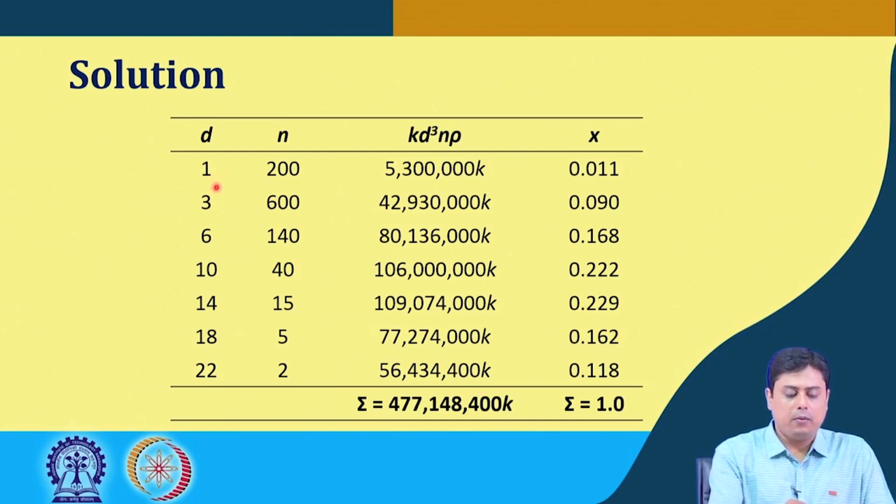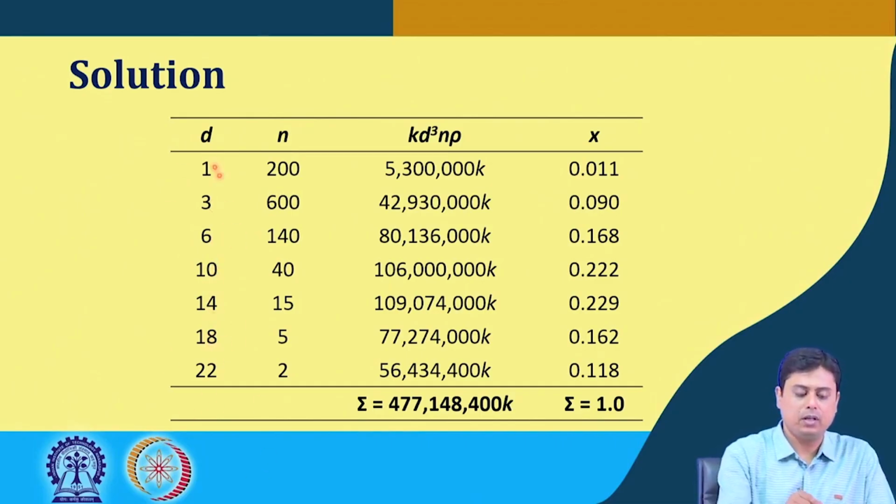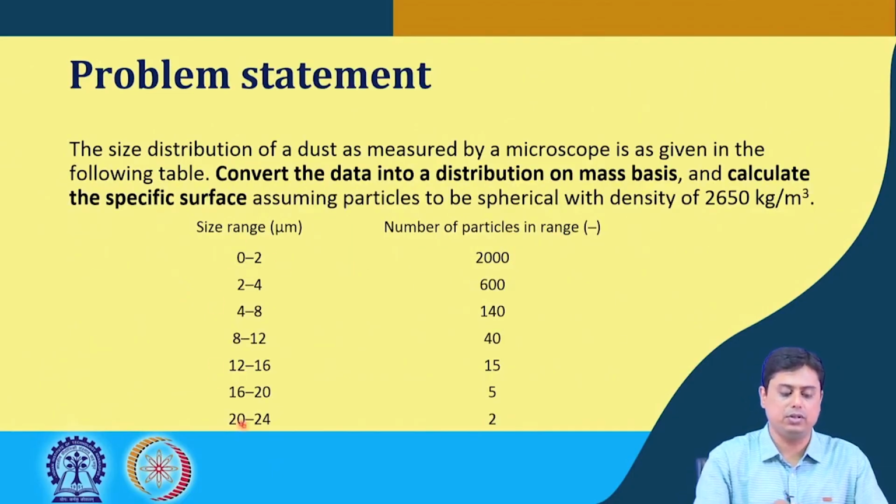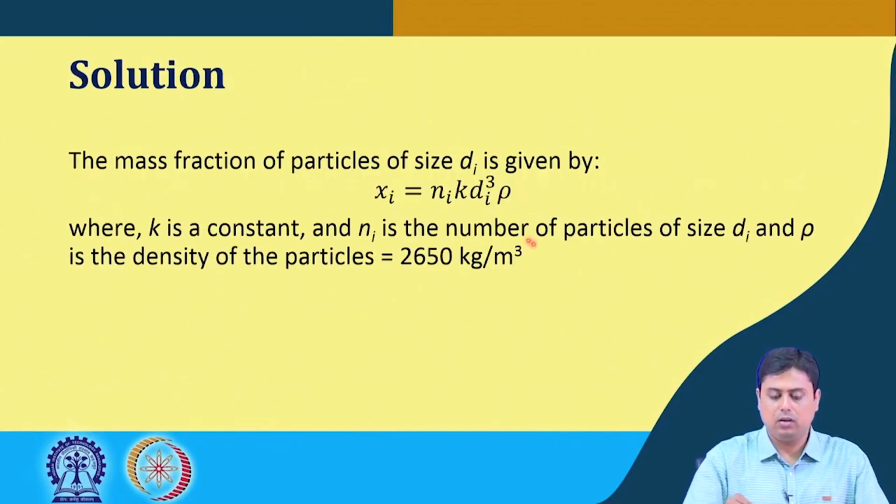Here we can see that I have written d as 1, 3, 6, 10, 14, 18, 22. How did these values come? They came from the arithmetic mean of each size range. To calculate this parameter, we have to find a d.